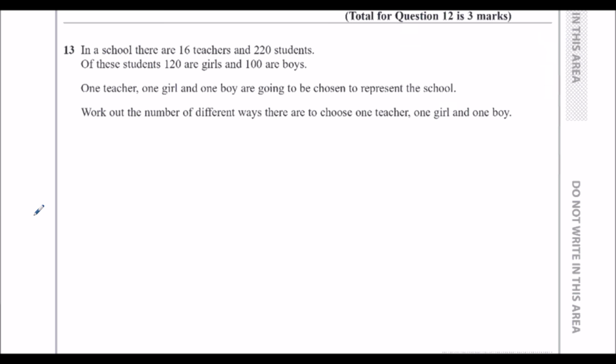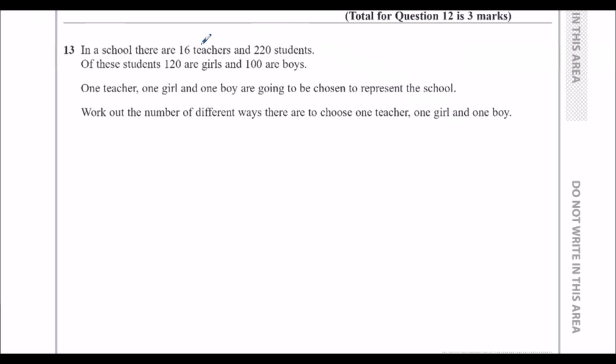Question 13. In a school, there are 16 teachers and 220 students. Of these students, 120 are girls and 100 are boys. One teacher, one girl, and one boy are going to be chosen to represent the school. Work out the number of different ways to choose one teacher, one girl, and one boy.